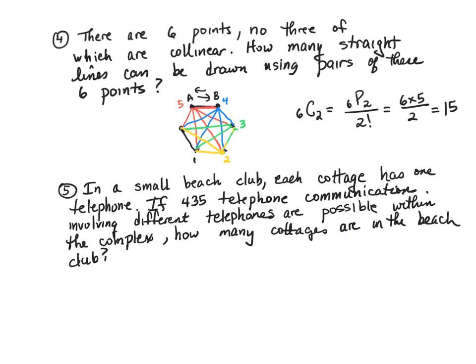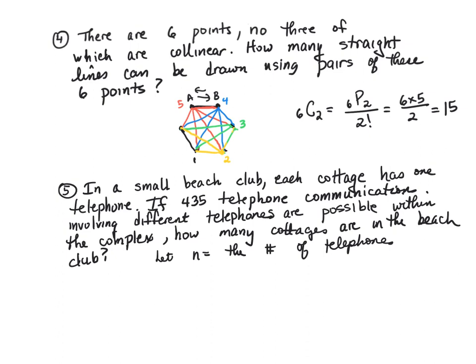So this problem is the same as asking, I can make 435 diagonals or line segments. How many points can I have? So here we let n equal the number of telephones, which are like the dots above, the 6 points above, but we don't know how many there are.